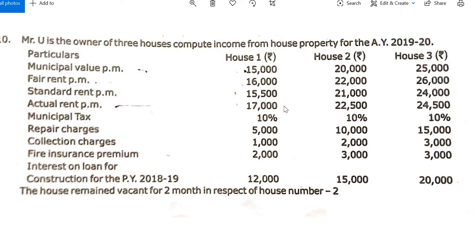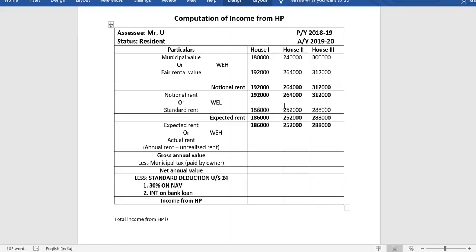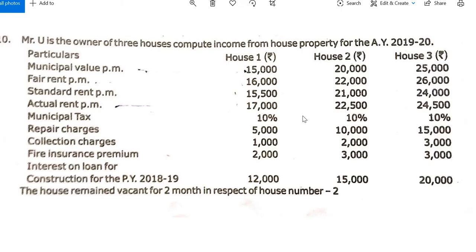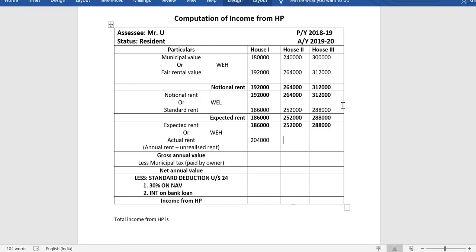Now 17,000 into 12, if you do this, you will get 2,04,000. Next, 22,500 into 12, you will get 2,70,000.